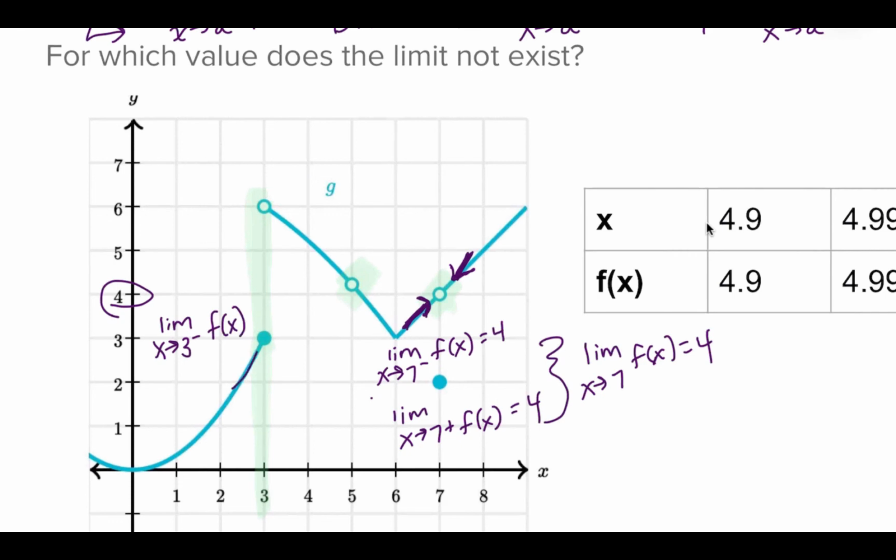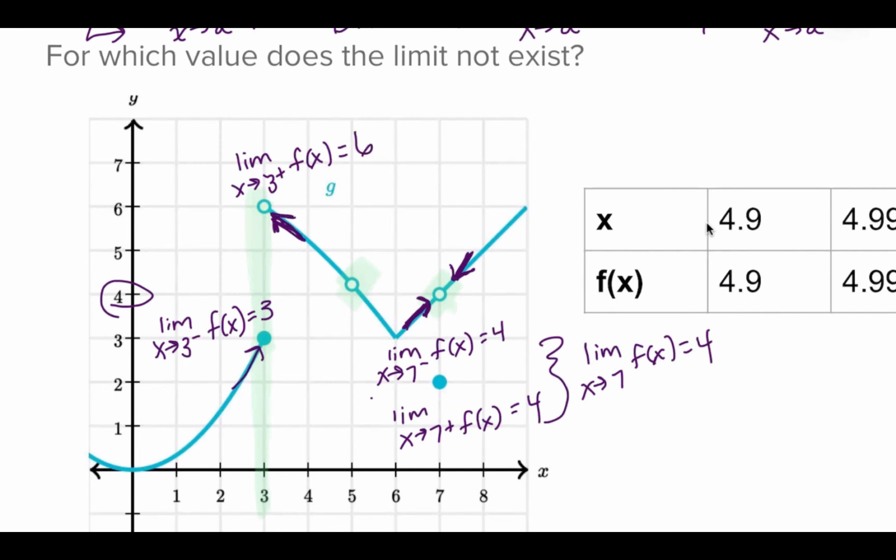So from the left, the limit is going to 3, and the limit as x approaches 3 from the right of f of x. So from the right, as x approaches 3, the limit is going to 6.